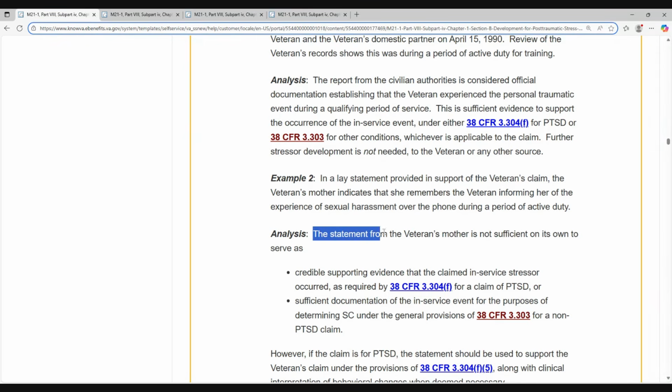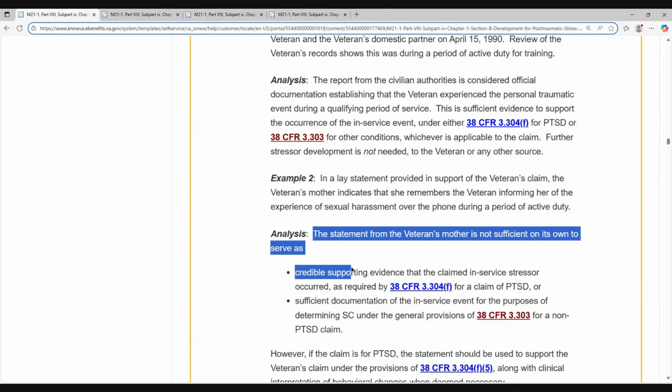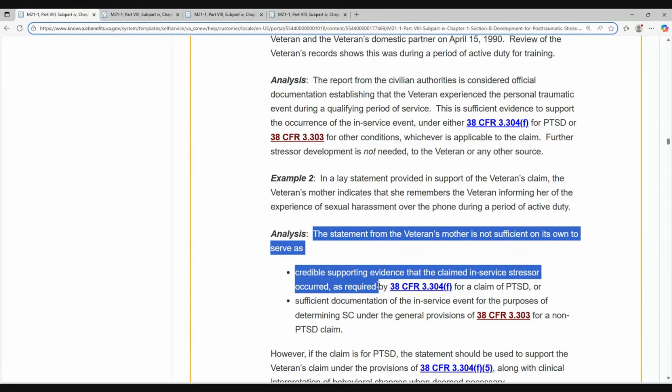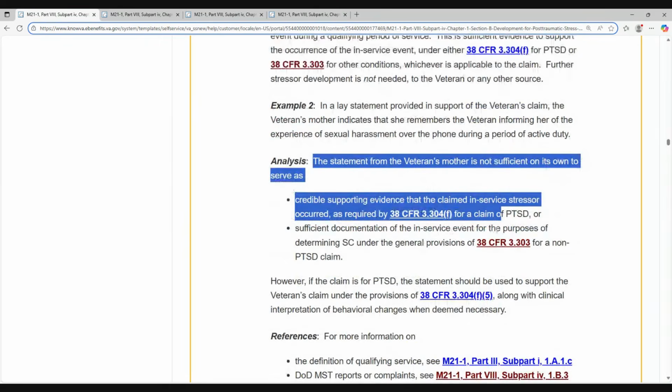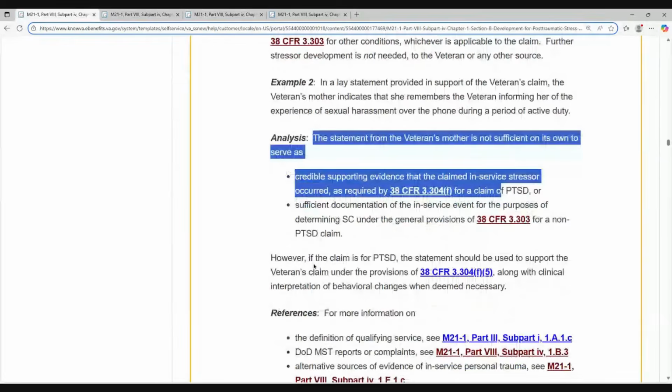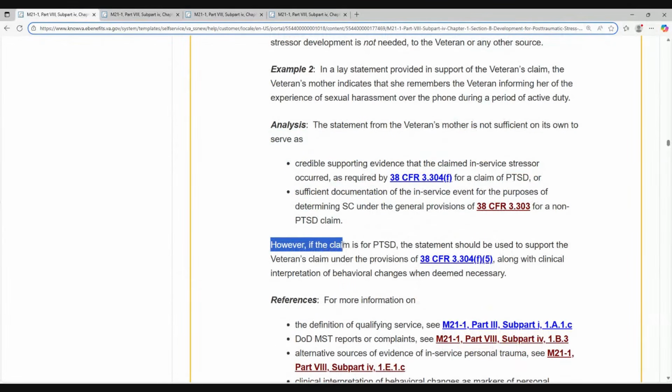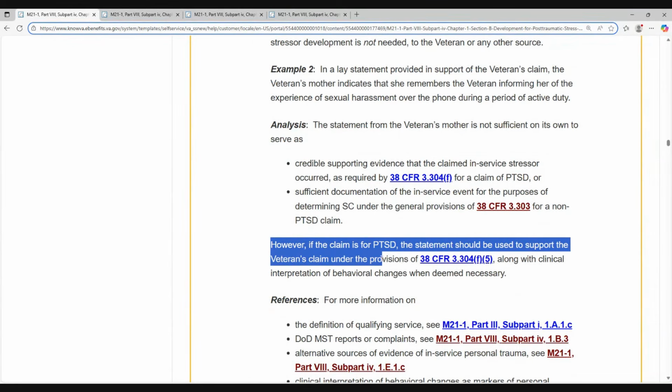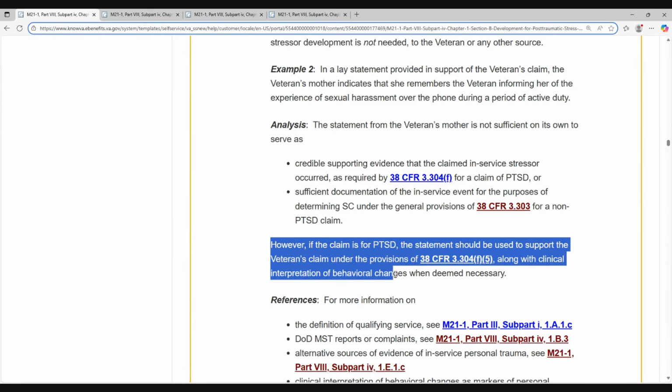And it says the statement from the veteran's mother is not sufficient on its own to serve as credible supporting evidence that the claimed in service stressor occurred as required, and so on. Sufficient documentation of an in service event for the purpose of determining under general purposes for non PTSD. However, if the claim is for PTSD, the statement should be used to support the veteran's claim under the provisions of 38 CFR 3.304(f)(5), along with clinical interpretation of behaviors.